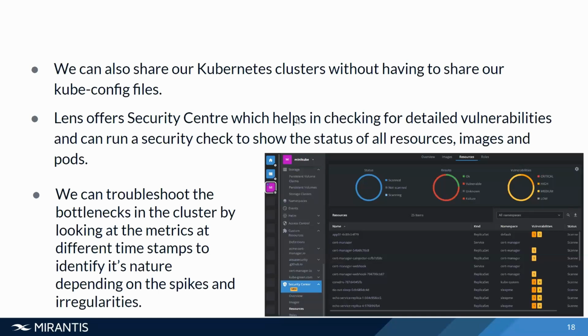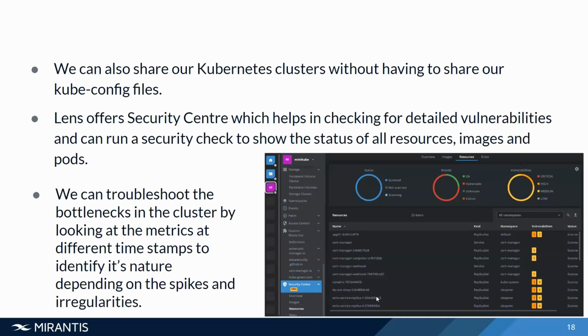Lens offers security center, which helps in checking for detailed vulnerabilities and can run a security check to show the status of all the resources, images, and pods, as I was talking about at the starting. So they have an amazing interface for the security center as well. You can just look into the overview or images or resources.